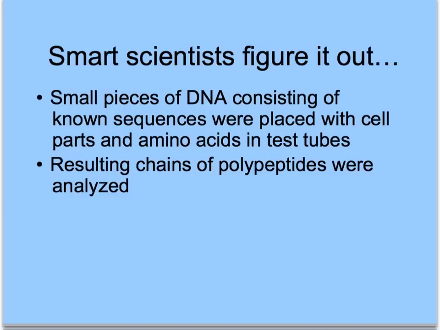And, since they were so clever, they quickly figured out that they could automatically synthesize some pieces of DNA consisting of known sequences and put them into test tubes with some necessary enzymes and some nucleotides and proteins and just all the stuff that a cell needs, and see what happens to that DNA, see if it gets turned into any specific proteins, if any proteins appear in the test tubes after a while.